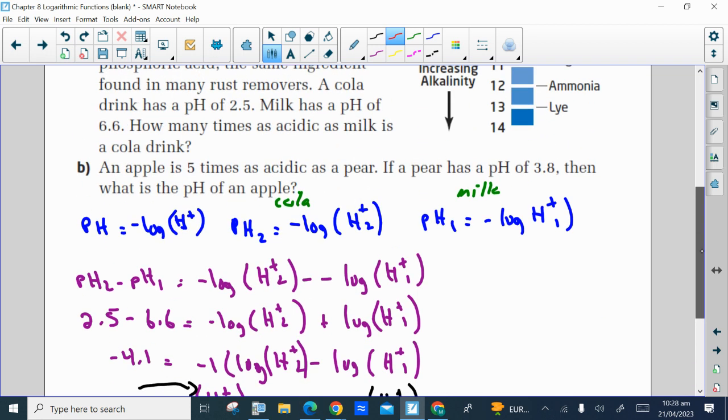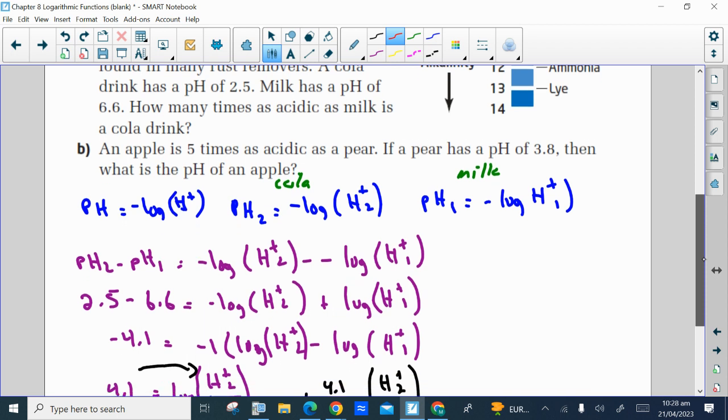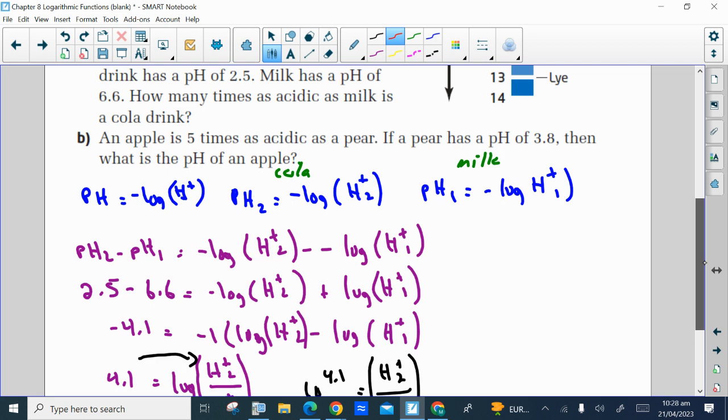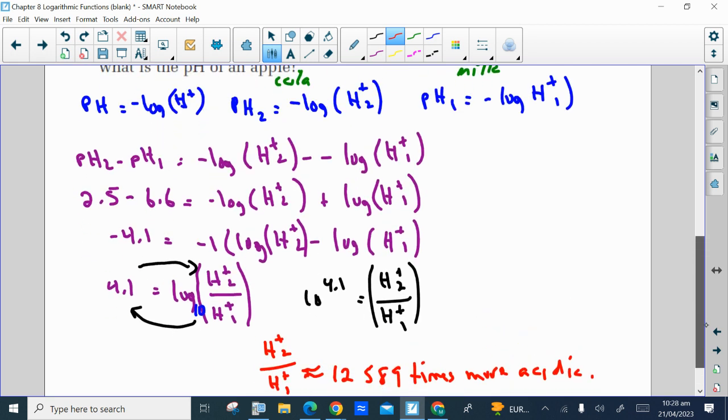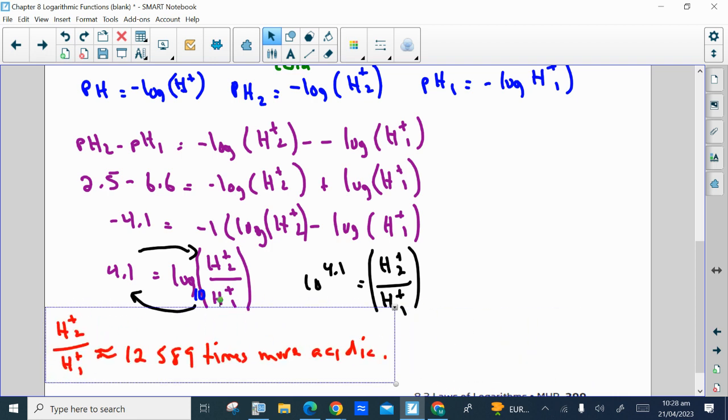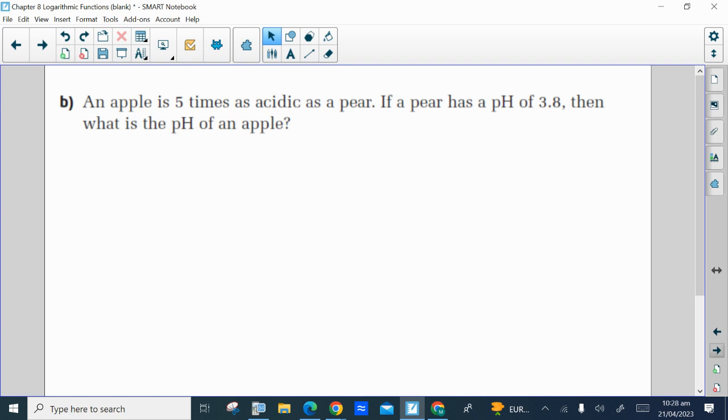Okay? Now part B says the apple is 5 times as acidic as a pear. If the pear has a pH of 3.8, then what is the pH of the apple? So that's on the next page for you.